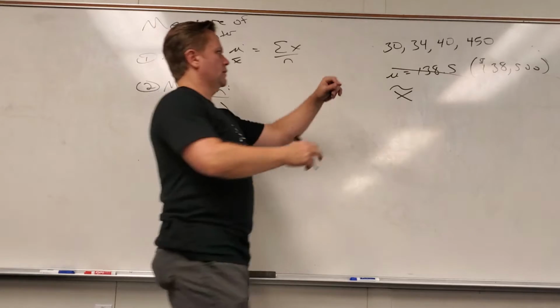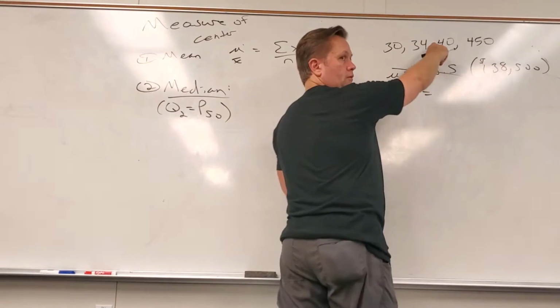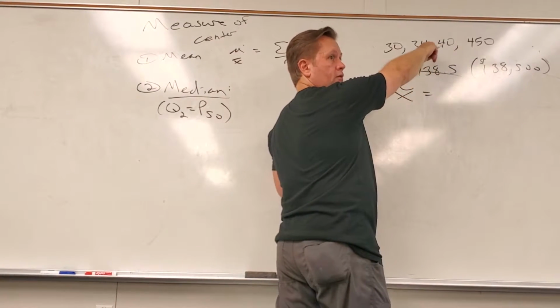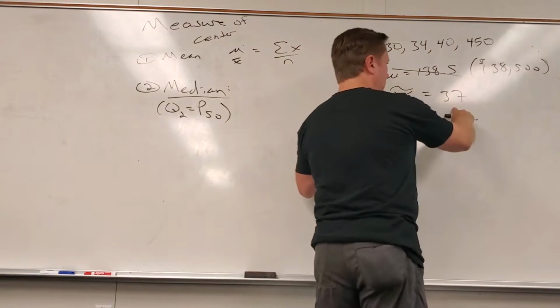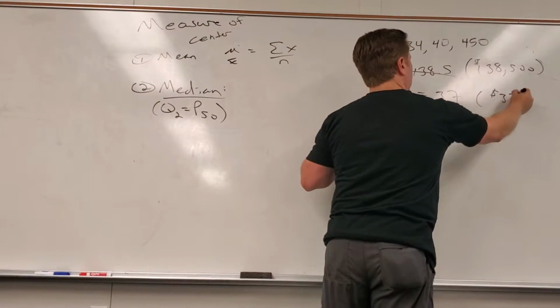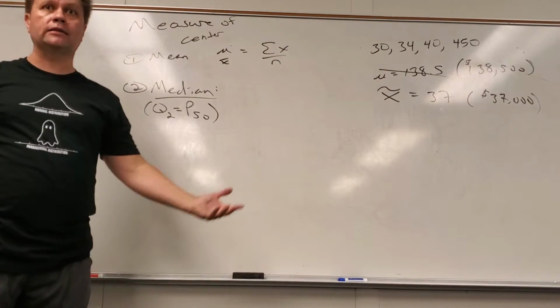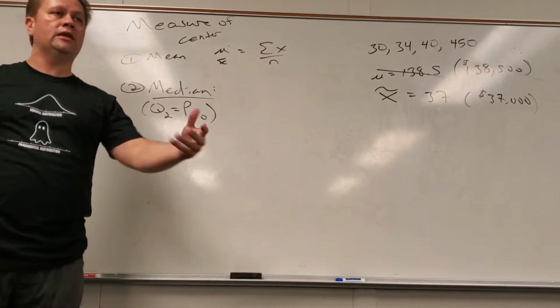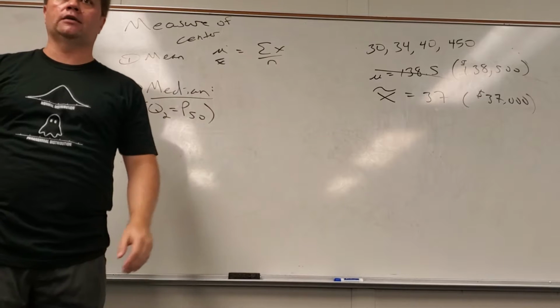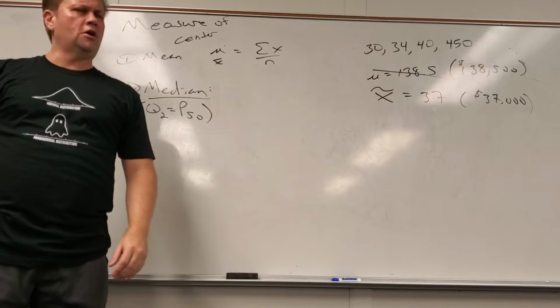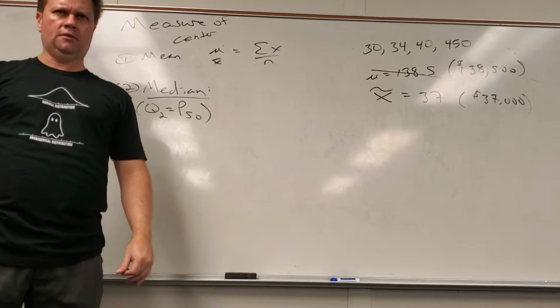So what is the median in this case? 37, which means $37,000. So if I tell the guy you can expect to make $37,000, that's a good estimate. That's a good thing to tell, instead of $138,500. You with me? A little bit?